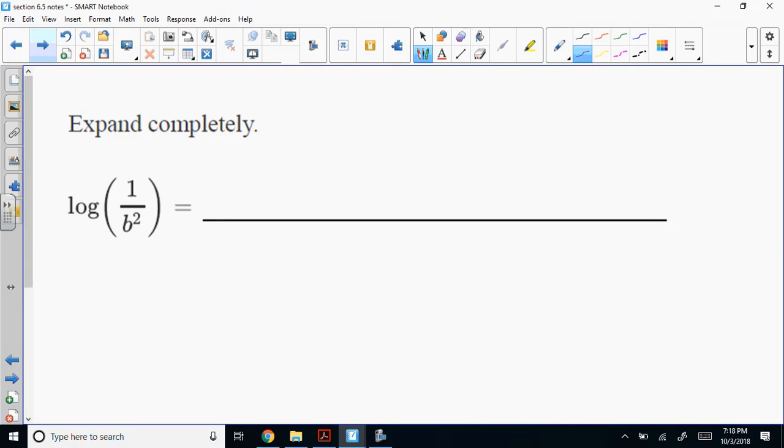Okay. What about this? Well, we've got a division, right? So it'll be log of 1 minus log of what? B squared, right?